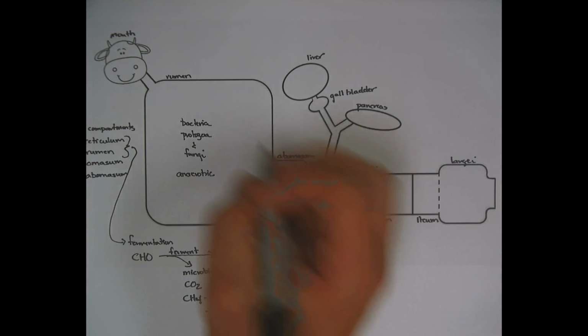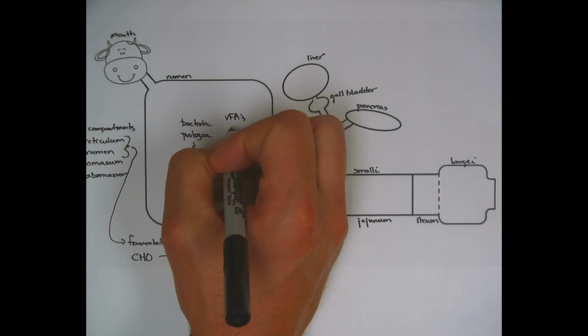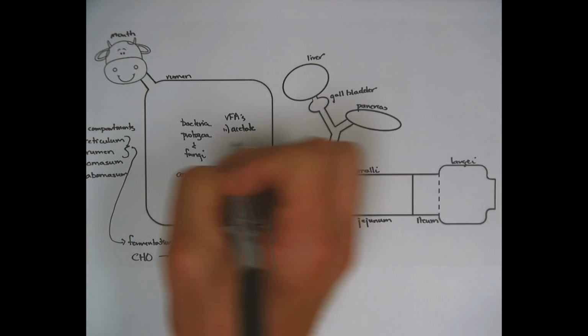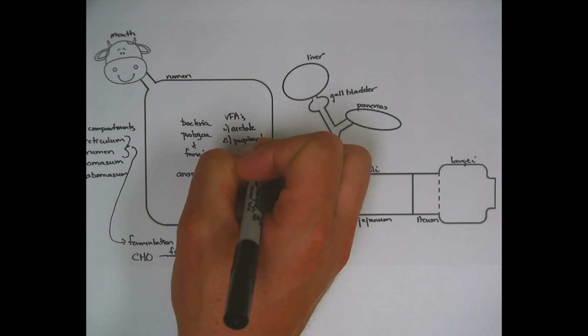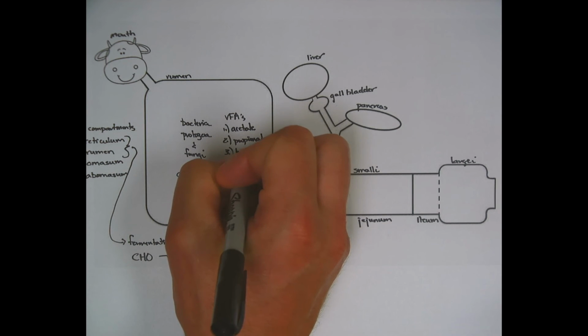Okay, so the VFAs are produced here in the rumen, and there are 3 primary VFAs: 1 is acetate, 2 is propionate, and 3 is butyrate.